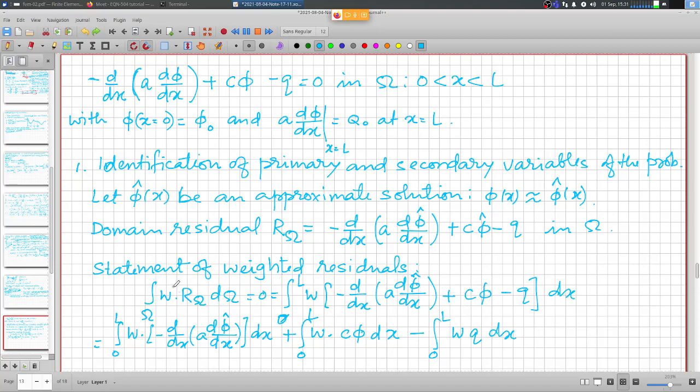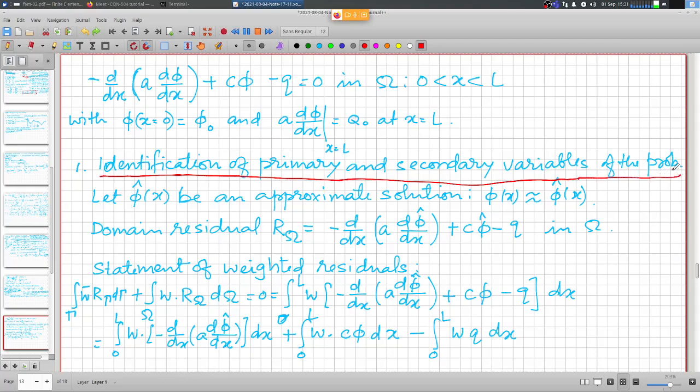Okay, statement of weighted residuals, you are right. I can as well include gamma w bar r gamma d gamma. No harm. That's actually the correct thing to do, except that we do not have any use for that at the moment, because our interest here is restricted to this particular operation, identification of primary and secondary variables of the problem.